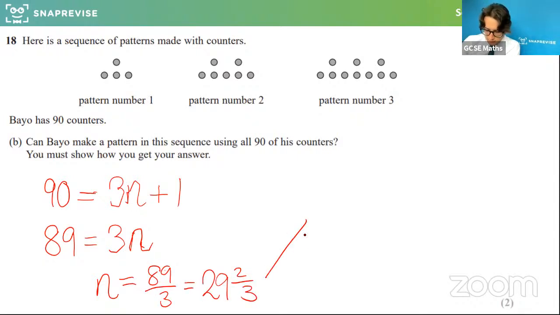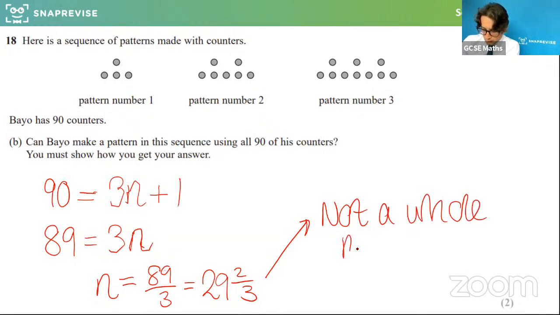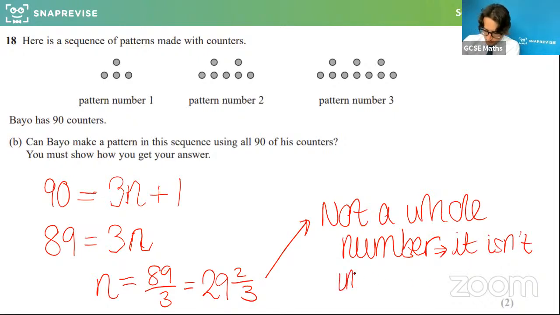Now, since that is not a whole number, this doesn't work. But some of you may have seen this type of question before. So that tells us it isn't in the sequence, because if it was, it would come out as an integer, a whole number.